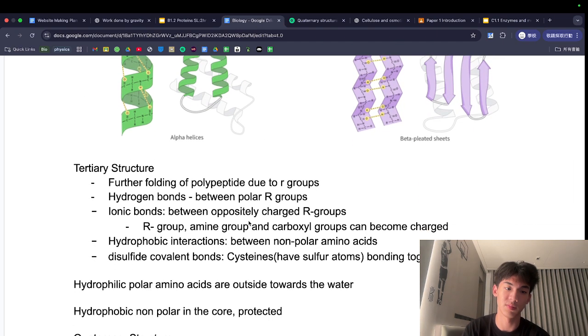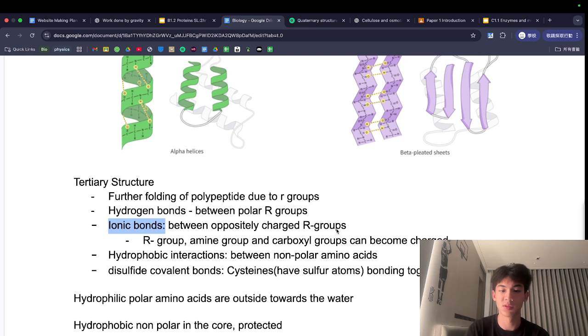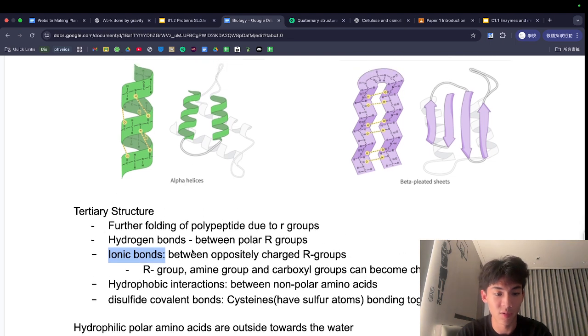and differentiate them. Tertiary structure is the further folding of the polypeptide, but this time it is the R groups. It can be hydrogen bonds where polar R groups are bonded to each other, because if they're both polar, then they will attract each other. Ionic bonds form because the R groups, amine groups, and carboxyl groups can be charged by taking hydrogen, and then they will attract oppositely charged R groups.